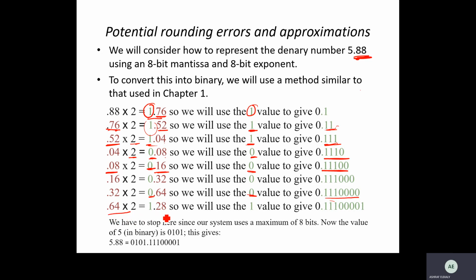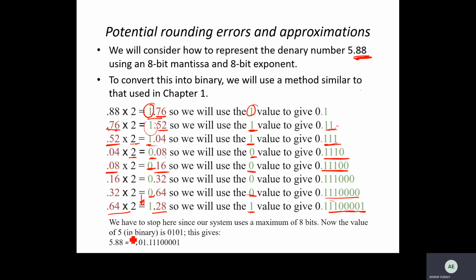This is 1.28, and as you can see here, 1 appears for us again. At the end, as you can see, the value started to increase again. And this will give the final value, which has 1, 2, 3, 4, 5, 6, 7, 8, 9. We have to stop here since our system uses a maximum of 8 bits.